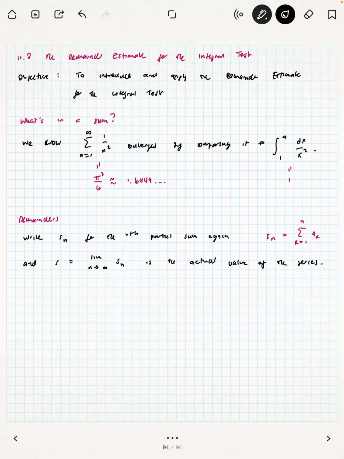So in the case of the previous example, pi squared over 6, whatever that value happens to be, we may not know what it is, but we know that it exists if the series converges. So S_n approaches S, never necessarily getting there.